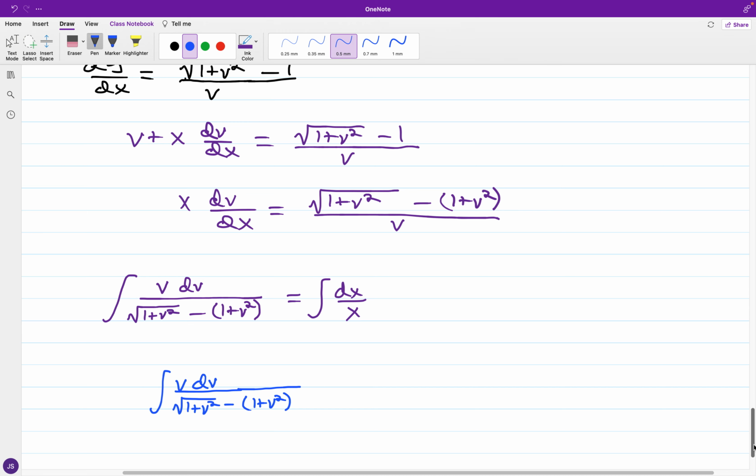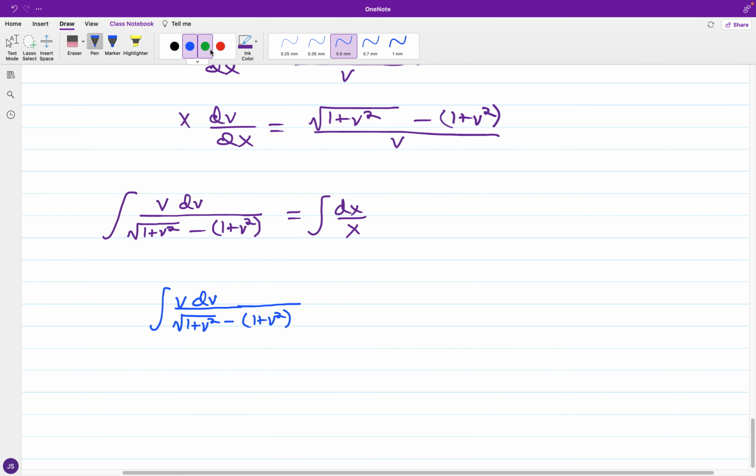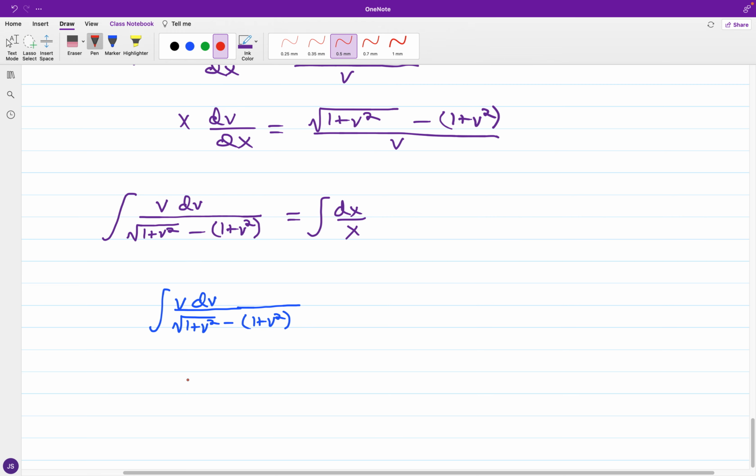And if I apply u substitution, we'll say that u is equal to the square root of 1 plus v squared. And if I square both sides, I will have u squared is equal to 1 plus v squared. And if I take the differential of both sides, I will have 2u du is equal to 2v dv.